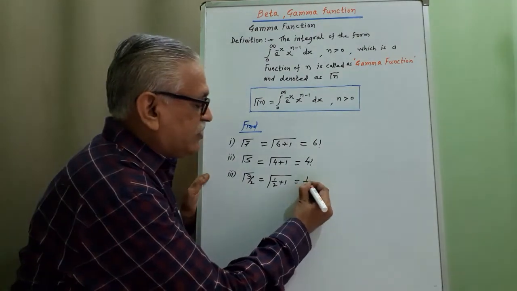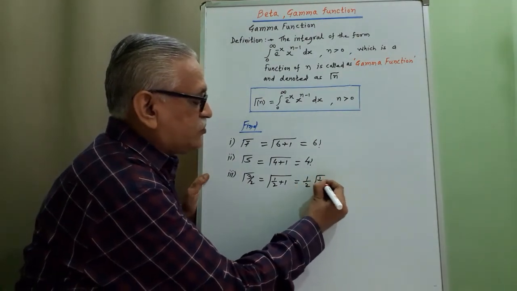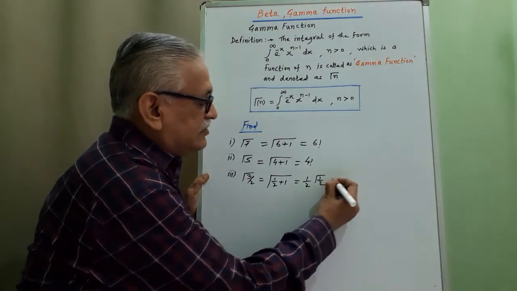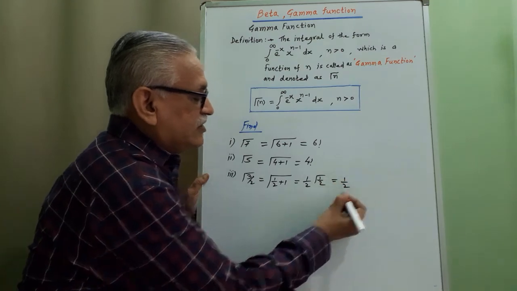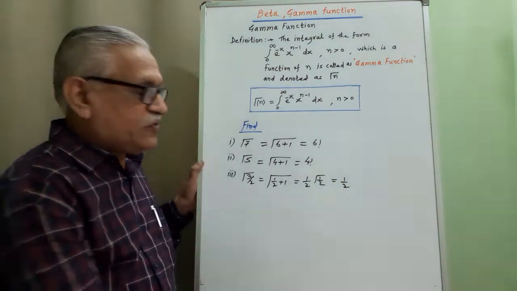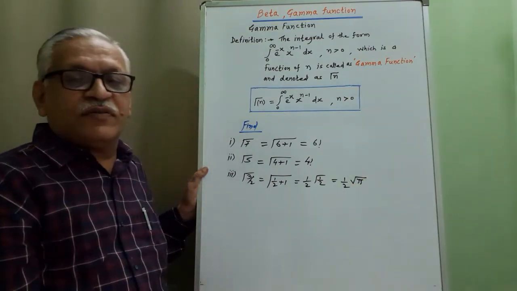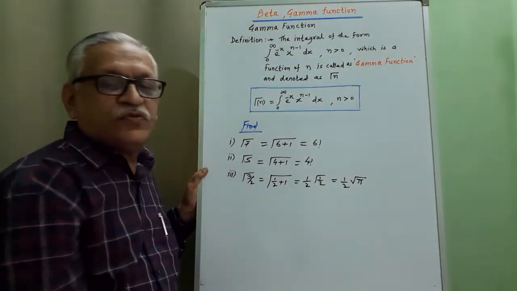Therefore here it is 1 by 2 gamma 1 by 2. Then using the property, we know that the value of gamma 1 by 2 is root pi, and therefore it becomes root pi by 2.